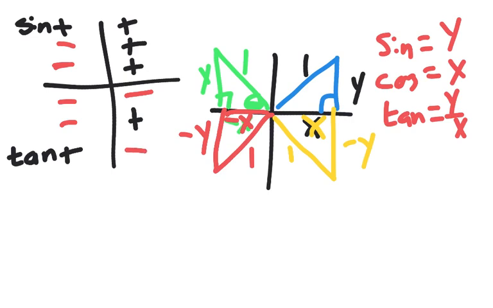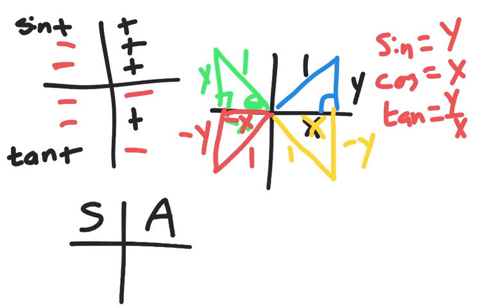So what's happening here is in the first quadrant, everything's positive. But in the second, third, and fourth, only one of them is positive. And so the way that we remember this, you'll see I'll write this down about every problem we work. You got a little saying that we learned. All students take calculus. That's the way I learned it.